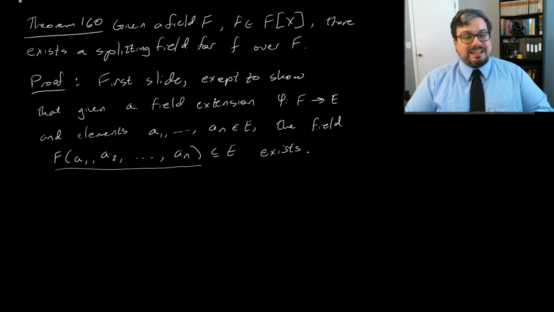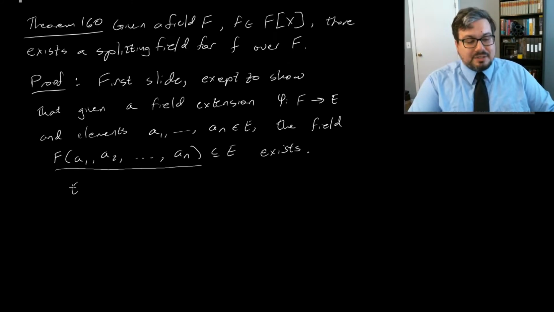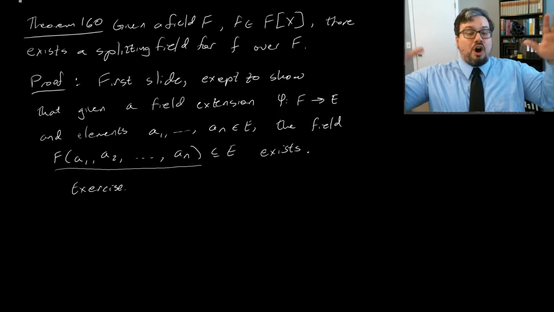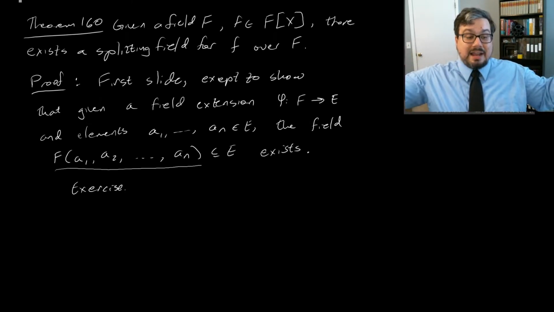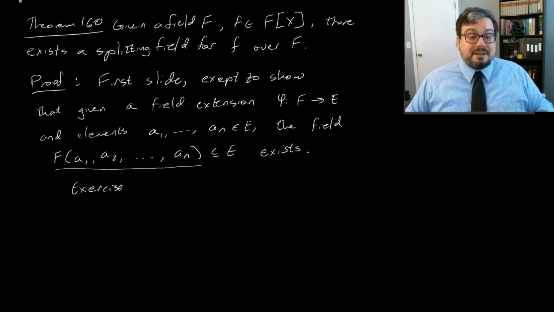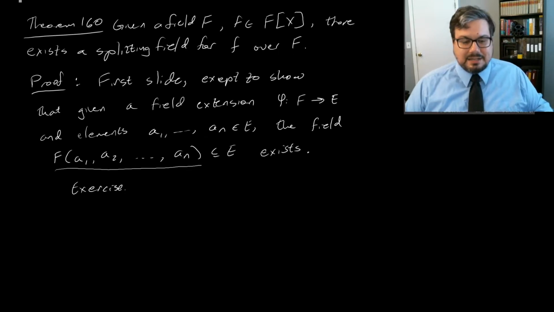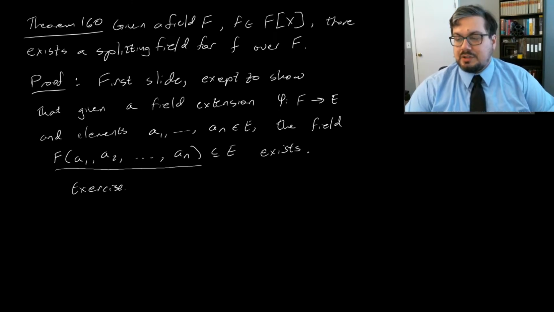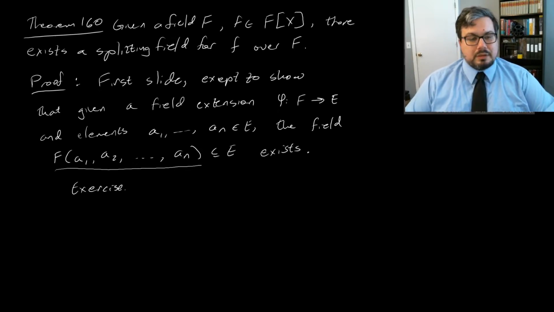There's a little bit of argument needed to show that such a thing exists, but it turns out that you can do this. Proving this is an exercise, and it comes down to showing that if you take all of the subfields of E which contain F and the elements a1 through an, and intersect all of them, then you get the field that you're looking for. That's the basic idea behind it. So that's the only thing that was left to do to match the definition in order to prove Theorem 160.